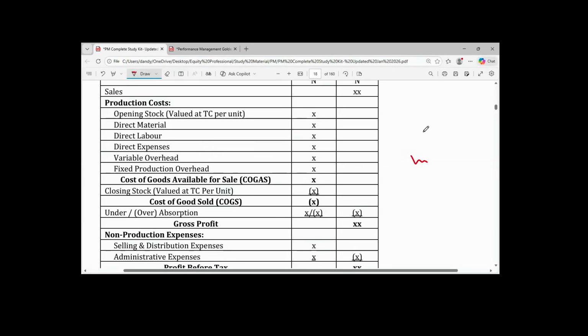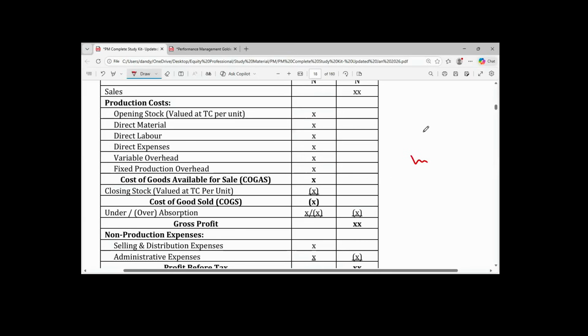So the last point that we mentioned was overhead absorption costing. We said that overhead absorption costing represents the process of allocating indirect costs to a product or service. And we also mentioned that when the budgeted overhead equals the overhead absorbed to product, it means that the overhead is appropriately or correctly absorbed.